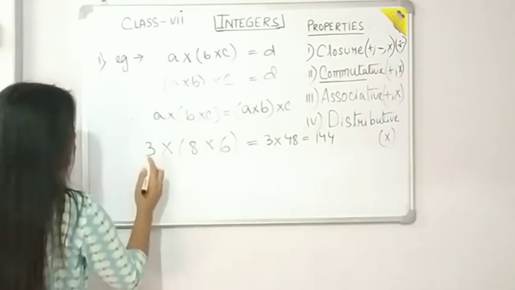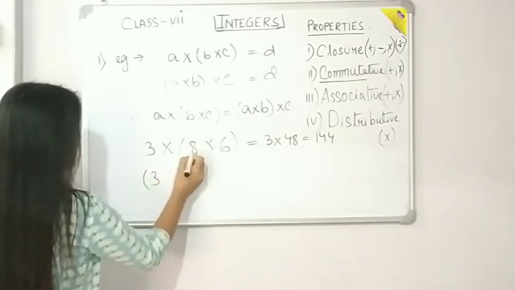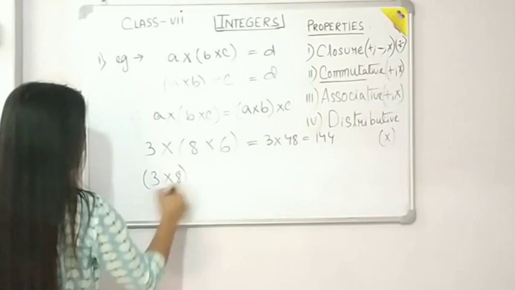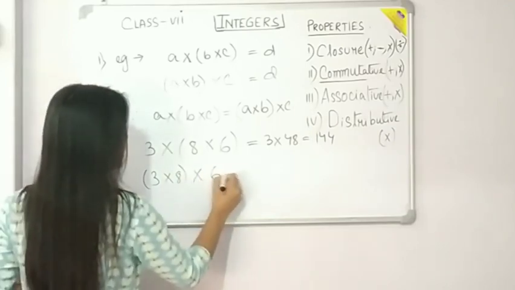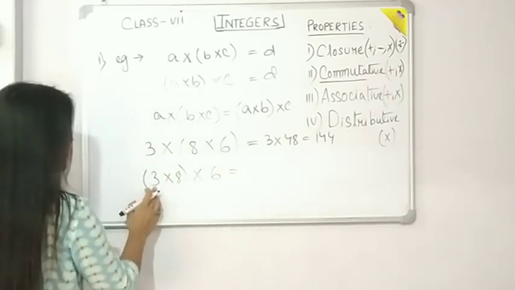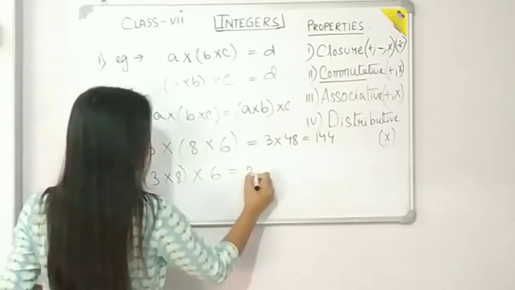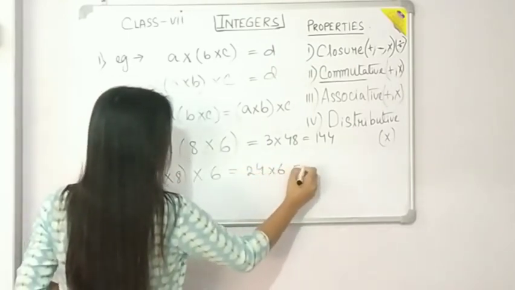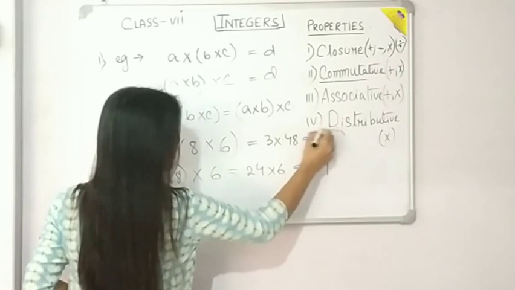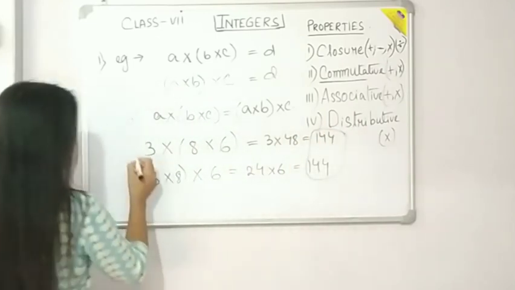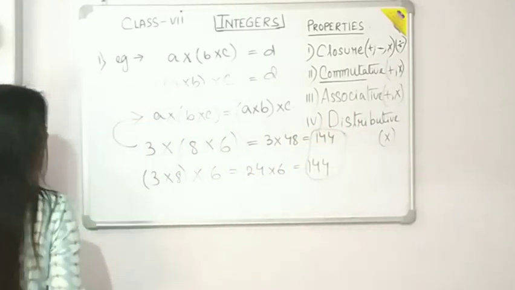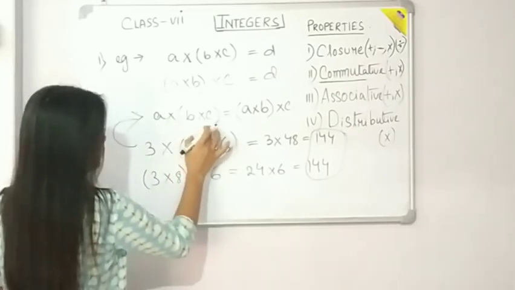Now what will we do? We will change the order. We will bring 3 and 8 in one group and we will keep 6 as a single. Now see, 3 eights are how much? 24 into 6, which will give you how much? 144. The answer is coming same, from which we can say that (A × B) × C equals A × (B × C).